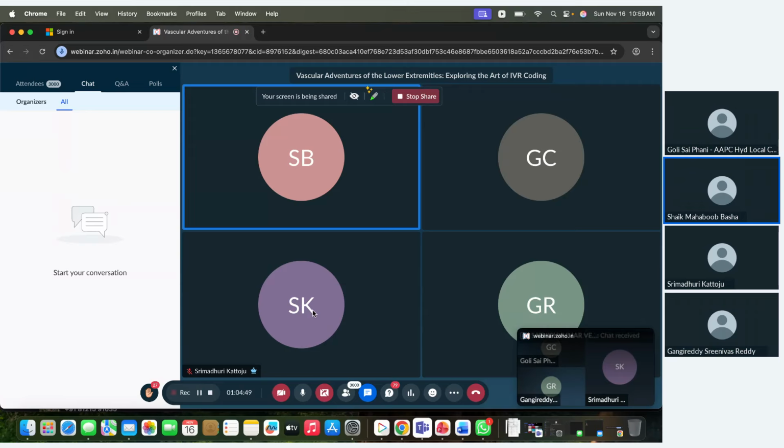No, here the guidelines are changed. You can code both. I'll tell you the guideline. The tibioperoneal trunk is always considered the same blood vessel as the peroneal artery and posterior tibial artery, these 2 arteries only. But it is considered a separate blood vessel from the anterior tibial artery. So whenever they do the anterior tibial and the tibioperoneal trunk, you can code both. If instead of the anterior tibial artery I mention either the peroneal artery or posterior tibial artery, then you can code a single code.